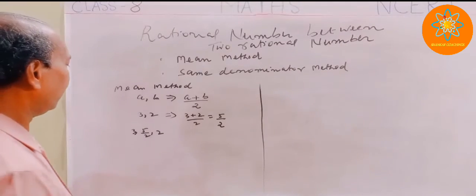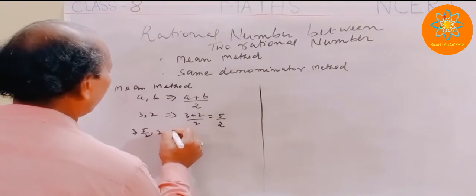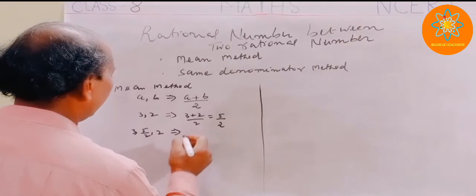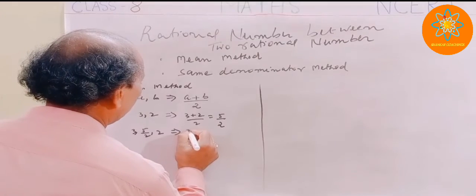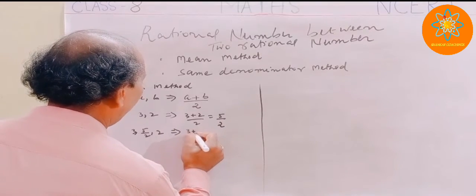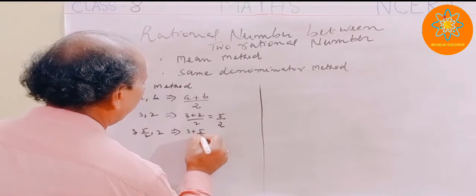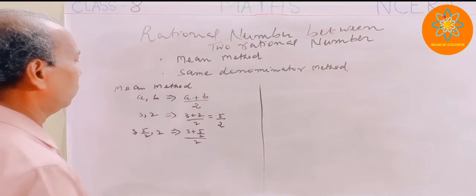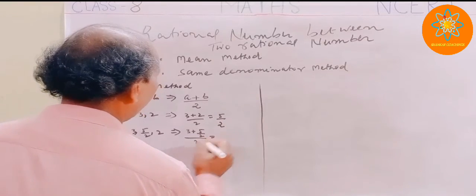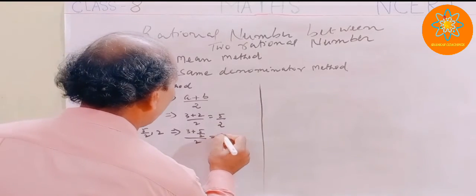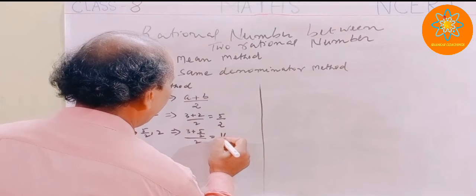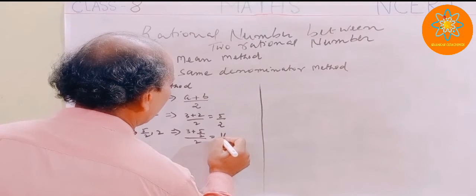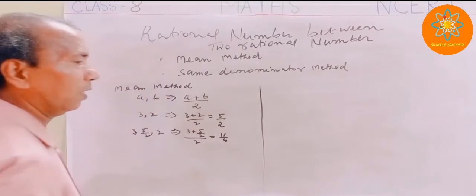What will be the next one? For the next one, it is equal to 3 plus 5 by 2 divided by 2. How much will this be equal to? This is equal to 11 by 4.